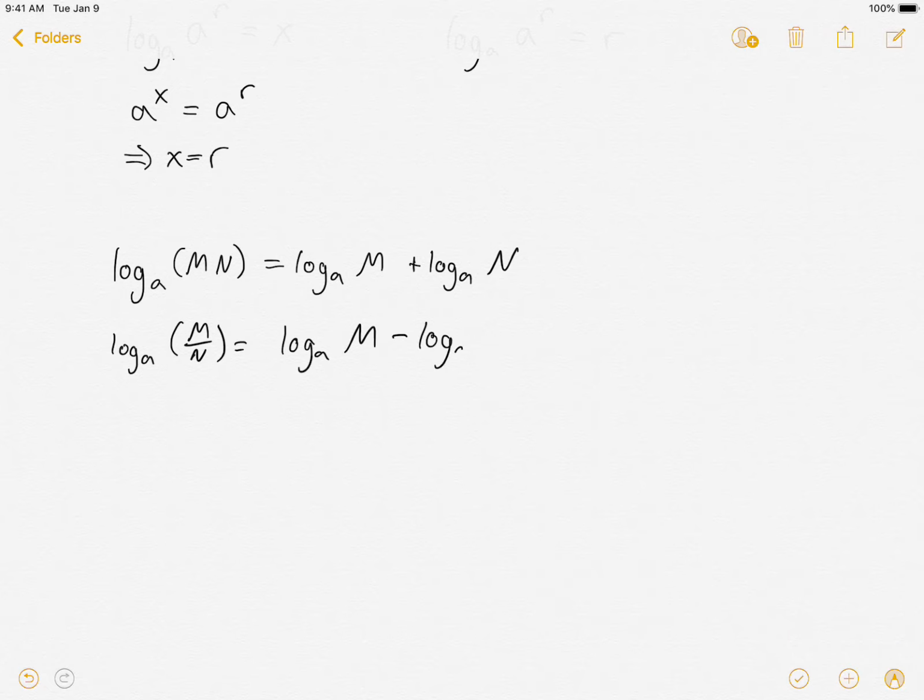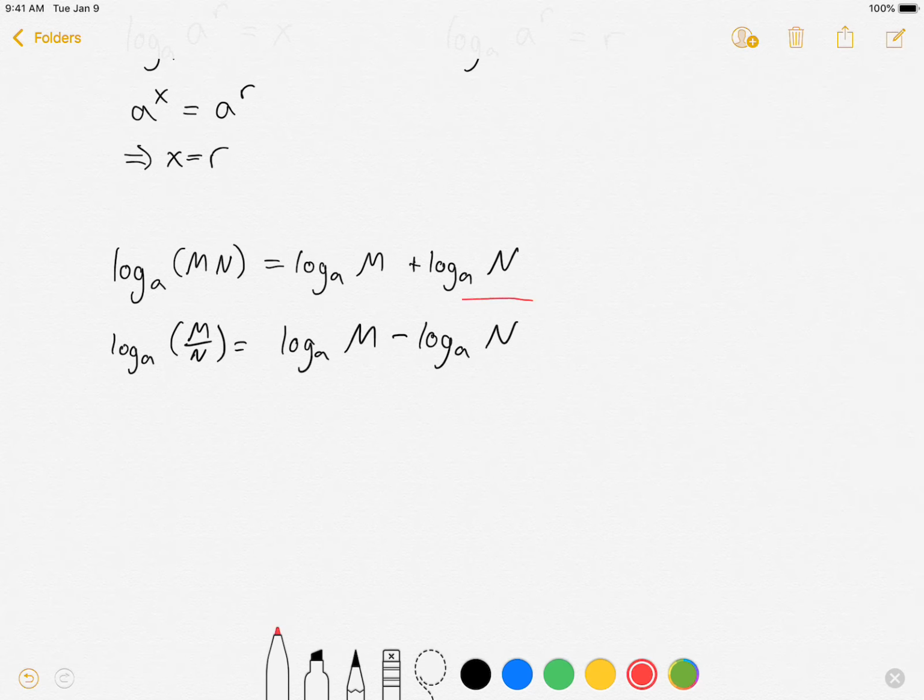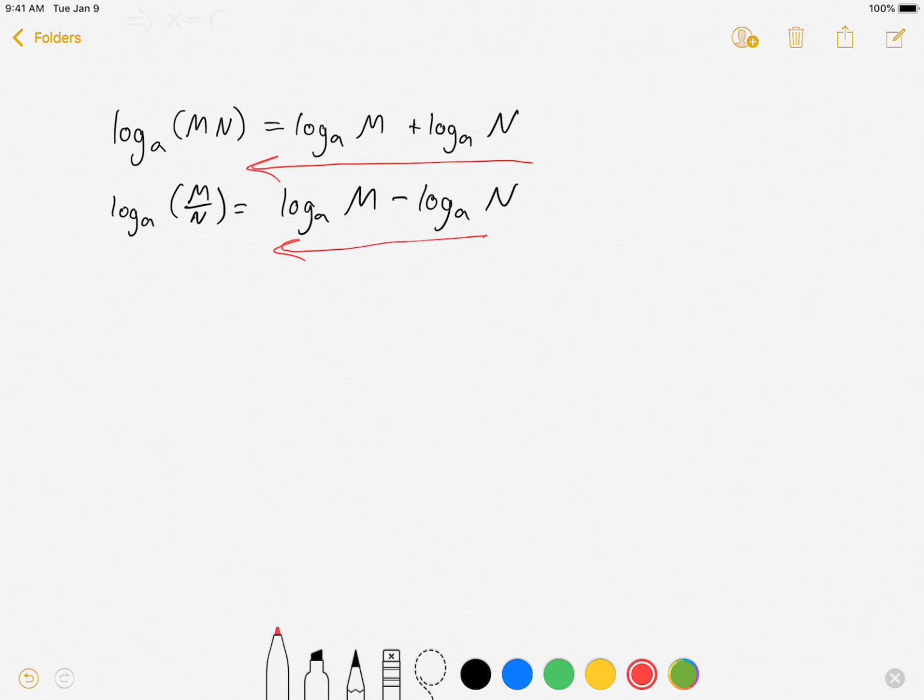Now, this is really handy. Really, it's a lot handier if you are going this direction with it. If you're taking something big and making it into one log, that's going to be more helpful. In the next section, you're going to see that it's going to be more helpful for us to push something down than it is to expand it out.